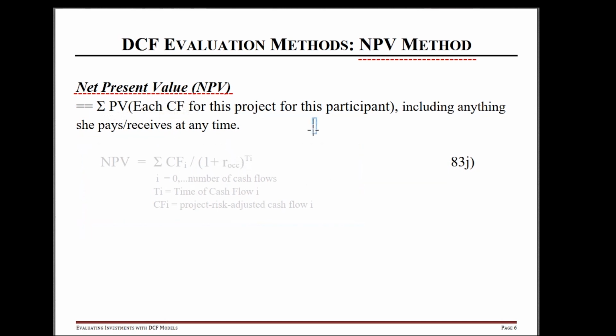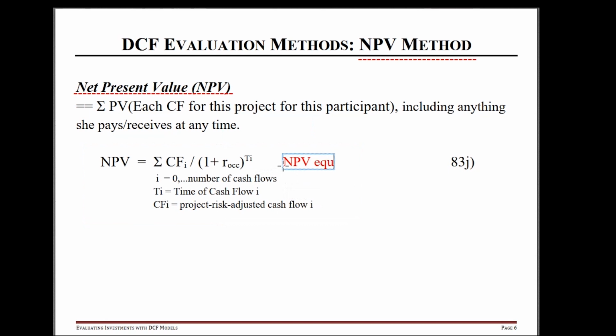So we can write this mathematically, and here's our NPV equation. It looks very much like our PV total equation that we had in chapter 8b. The difference here is that instead of going from i equals 1 for that first future cash flow, we go from i equals 0 to the number of cash flows.